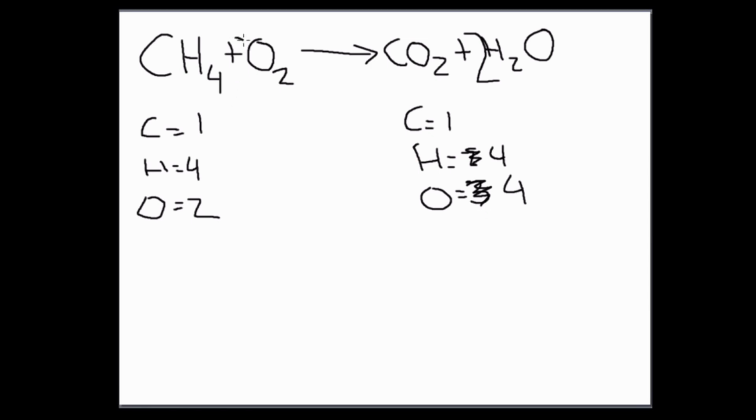So you just add a 2 right here as well, and now you have 4 oxygens, and your equation is balanced. It's really simple to do it this way because the law of conservation of matter says you can't just lose any atoms. So counting them and then adding coefficients to keep the law of conservation of matter intact is generally going to be pretty easy.